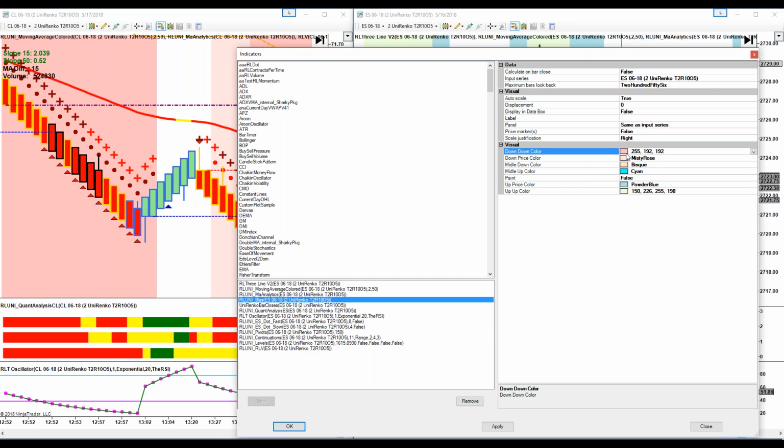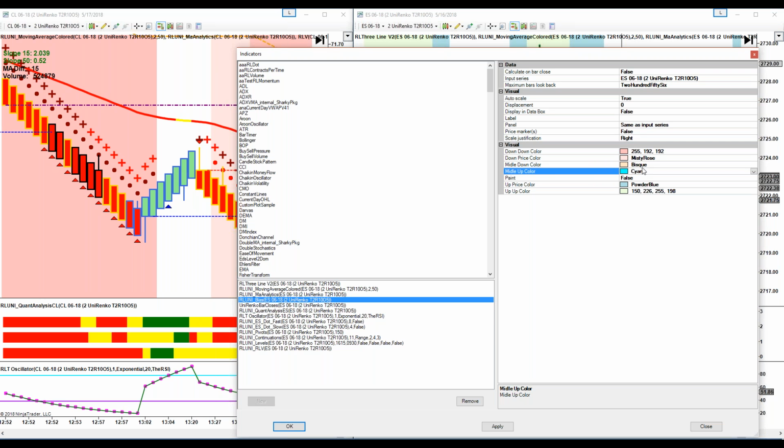The 15 crossed the 50 to the downside, the 15 and the 50 are both red. Here and here, the 50 and the 15 are both red, or both green, but the 15 has not crossed the 50 yet.